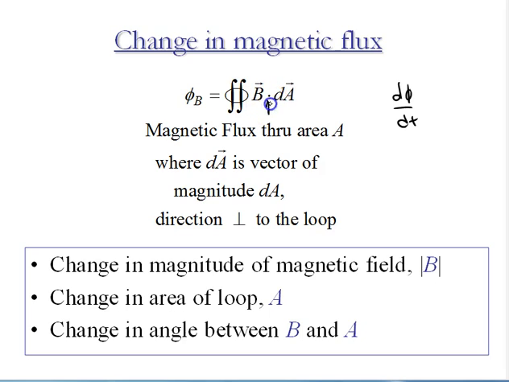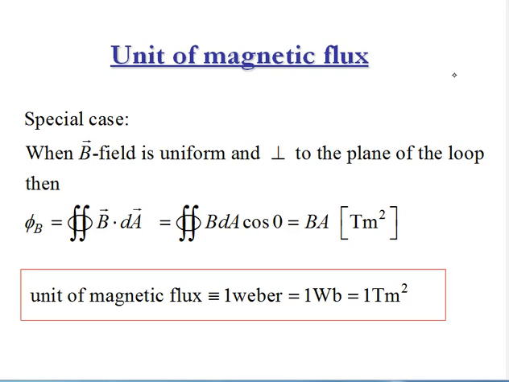That dot product gives us the change in the angle, because B dot dA is BA cosine theta. So if that changes, then we're also going to get a flux that changes with time.